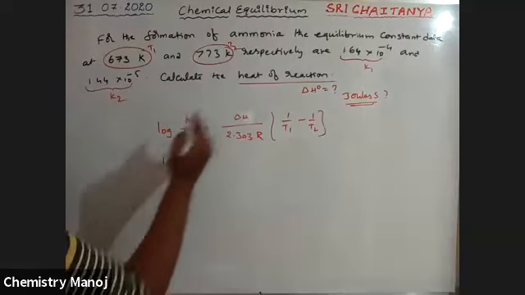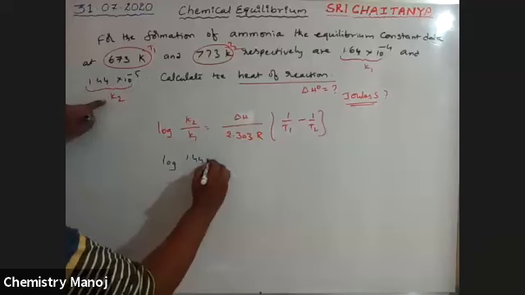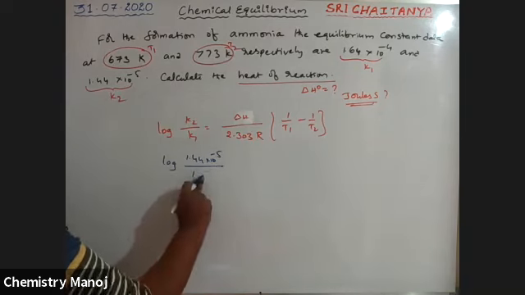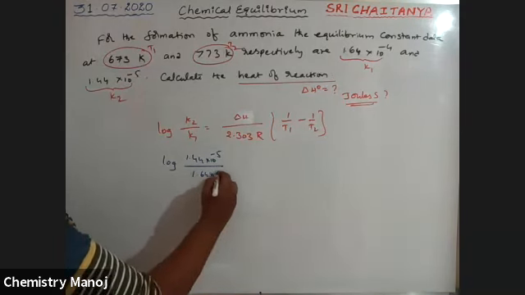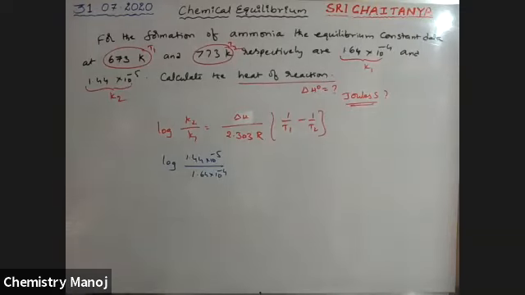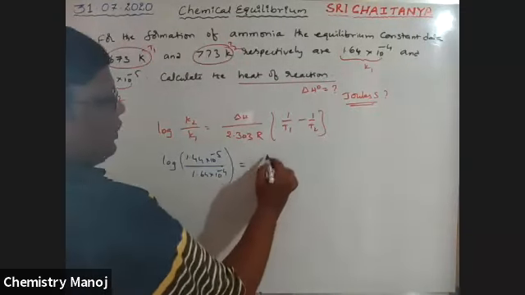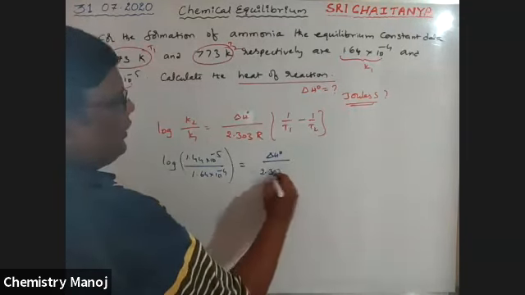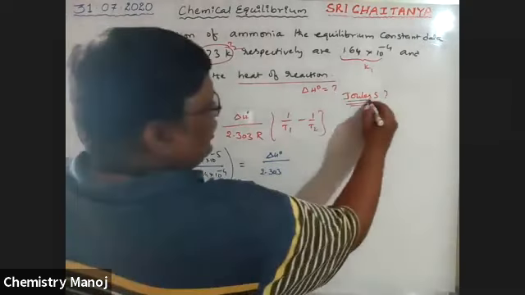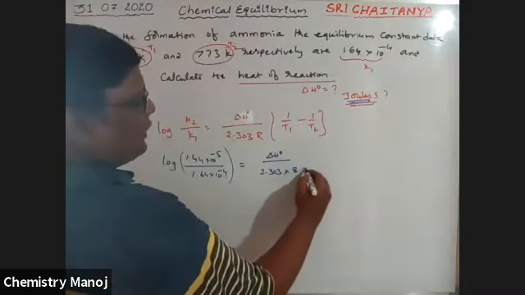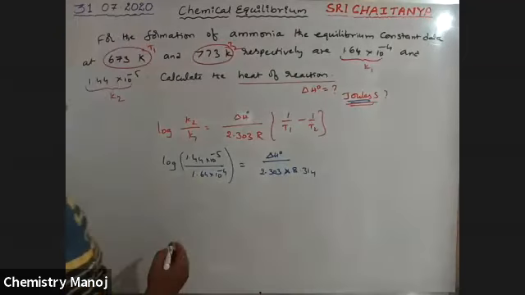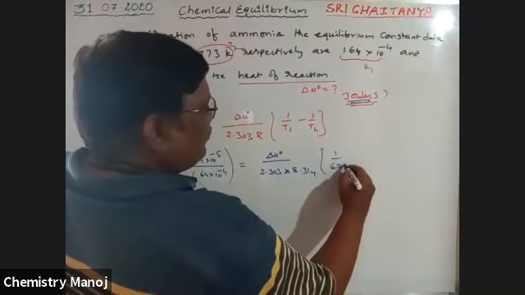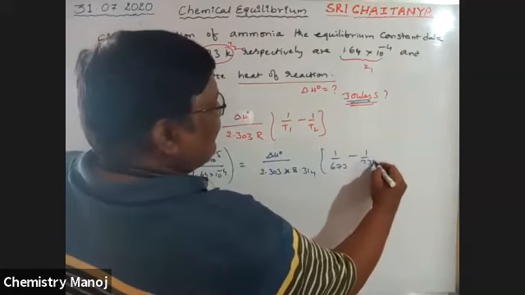K2 value is 1.44 into 10 power minus 5, by K1, 1.64 into 10 power minus 4, is equal to delta H naught by 2.303 R. He wants to calculate in joules, therefore the R value is 8.314, into 1 by T1, which is 673, minus 1 by T2, 773 Kelvin.